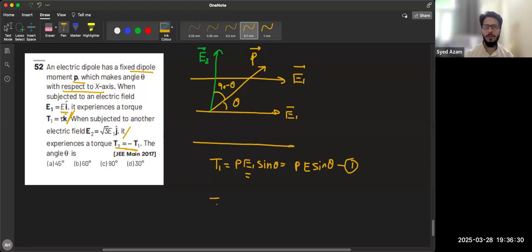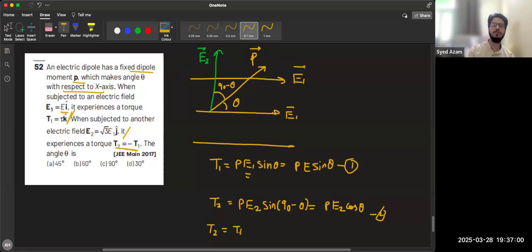So you can calculate T2 here. P, dipole, electric field is E2, sine of the angle between them is 90 minus theta. And how much is sine of 90 minus theta? Cos theta. That is equation one. Now T2 is minus of T1. These both have opposite directions and equal magnitudes. So you can write that T2 is equal to T1.